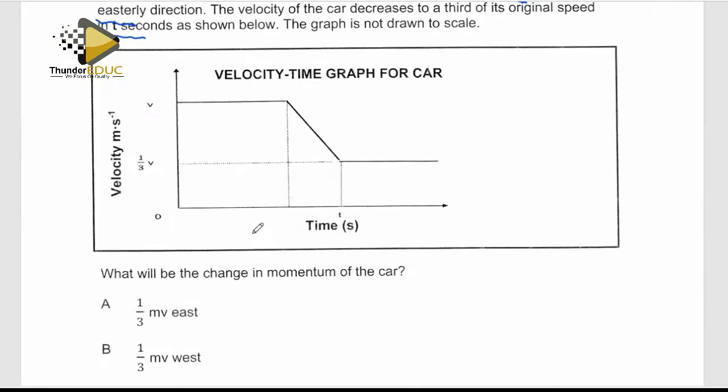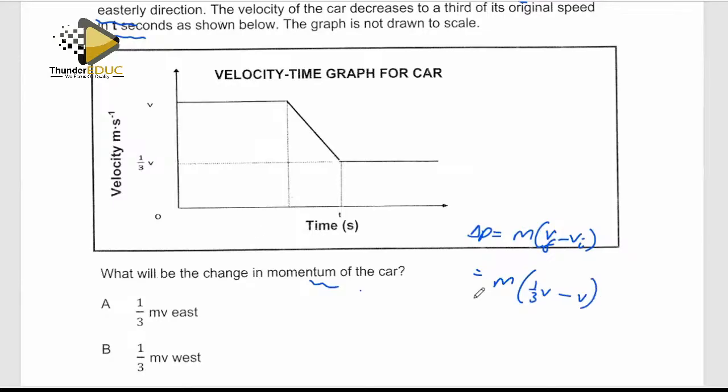And then the question is asking for the change in momentum of the car. One thing you know about the change in momentum is that it is mass multiplied by the v final minus the v initial. So our mass is m. Our v final is 1/3v, and then we are subtracting the v initial, which is just v.